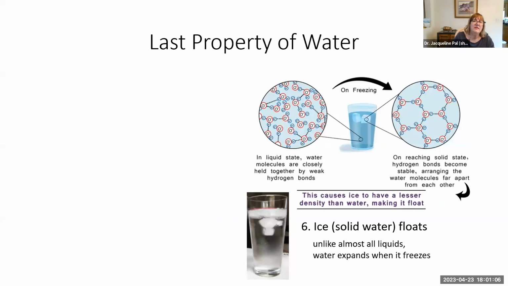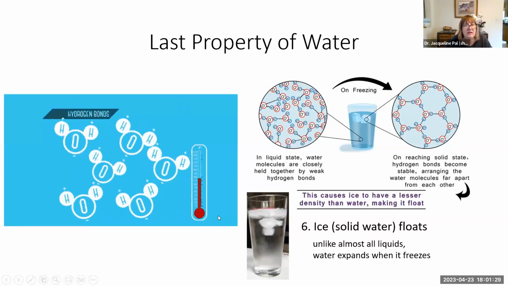All right. Now, the last property of water I want to talk about is that solid water floats on liquid water. In other words, ice floats. We kind of all know that. And the reason for that is when ice temperature lowers, those bonds are stretching out with each other.